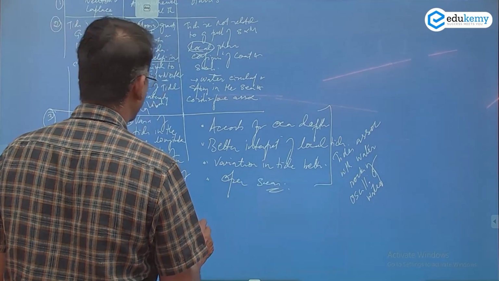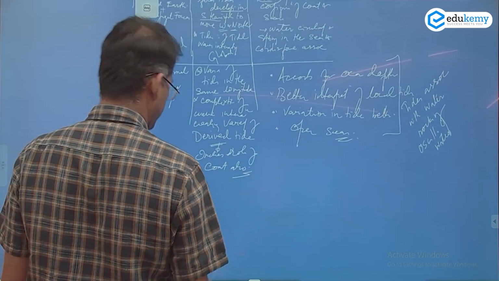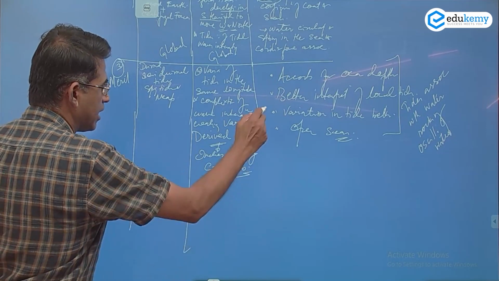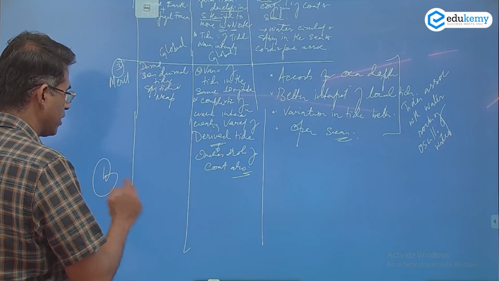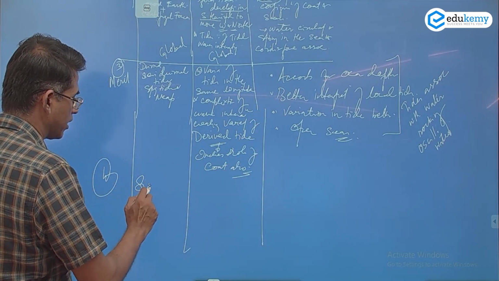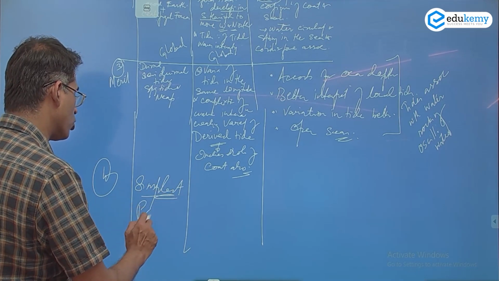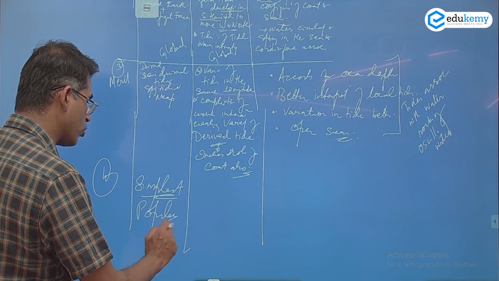Now, what are the problems here? Of the three theories, I think the simplest one is the equilibrium theory. It has been the most popular one.